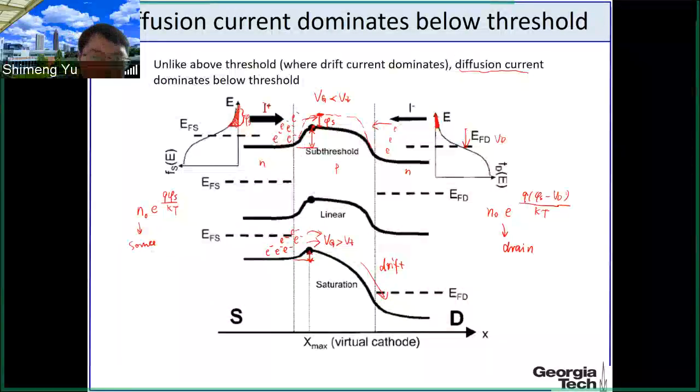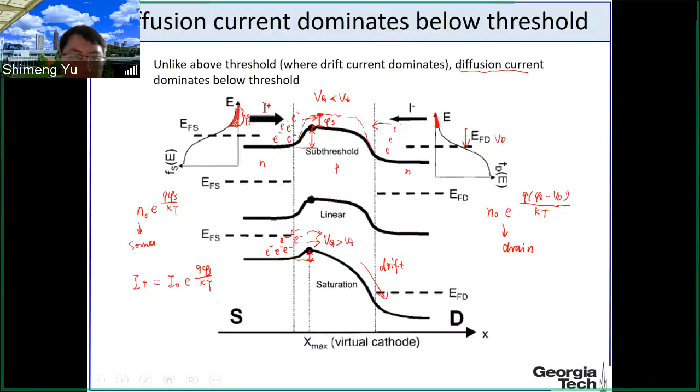So the current is proportional to this. We can express the current similar to this. I0 is a constant coefficient for exp of q phi s over kT.